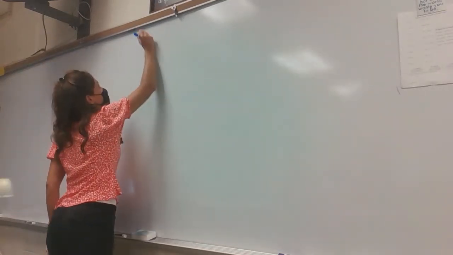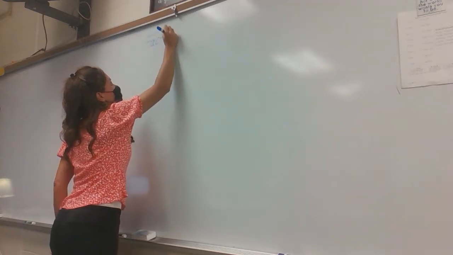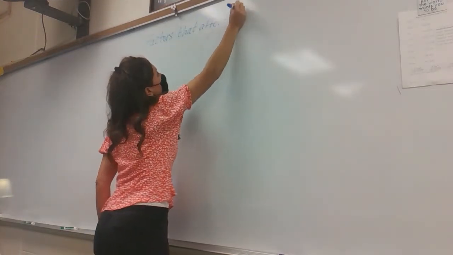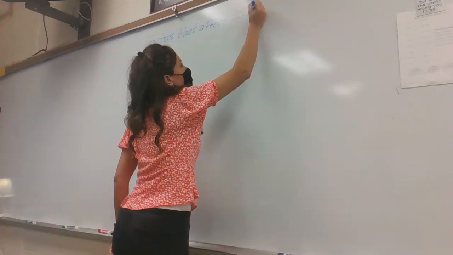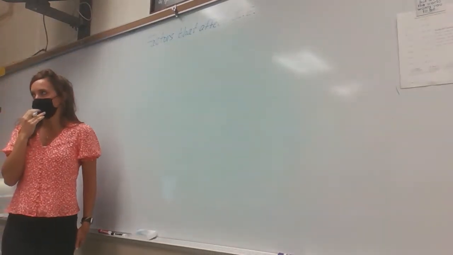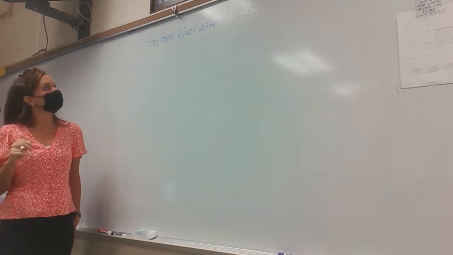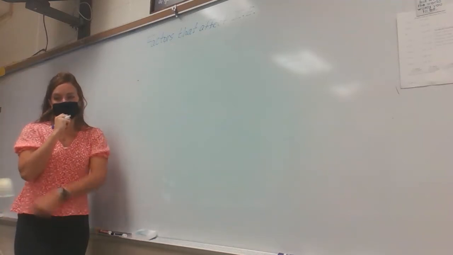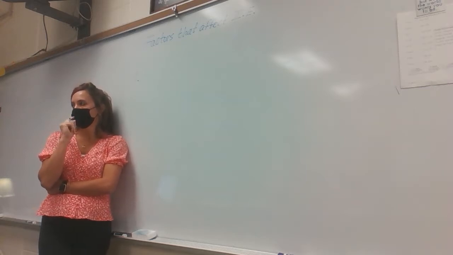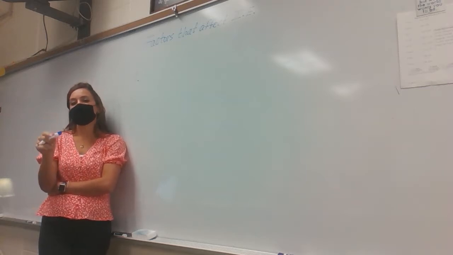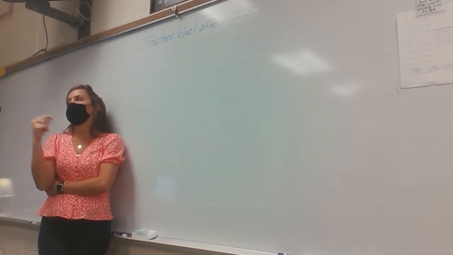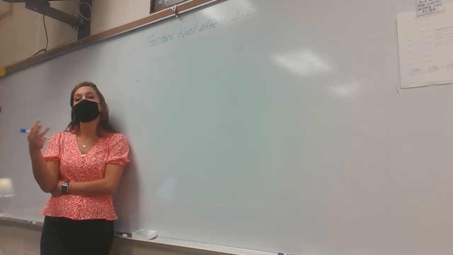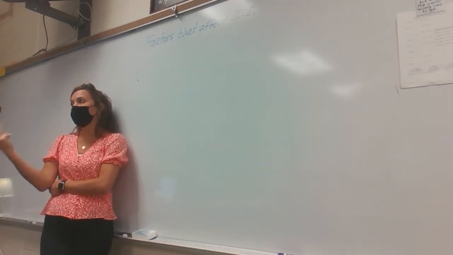Let's talk about factors that affect ionization energy. So if I'm trying to remove an electron from an atom, any atom, there are kind of three things that I have to worry about, things that are going to affect how much energy it takes to remove that electron.